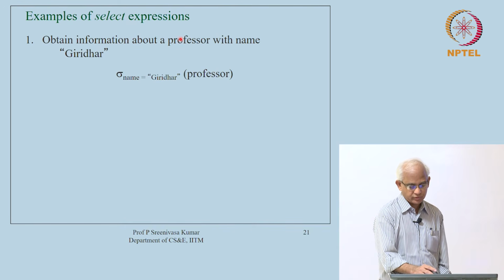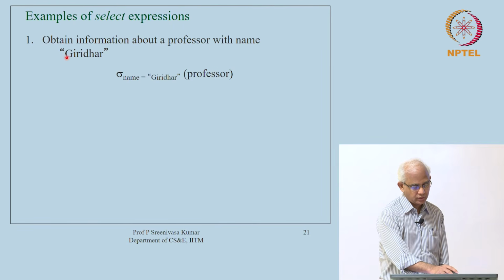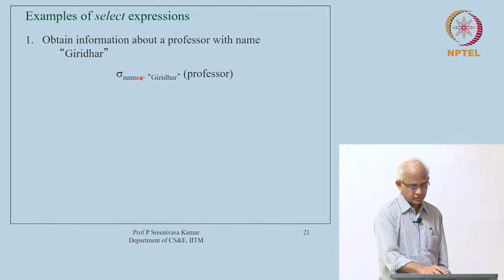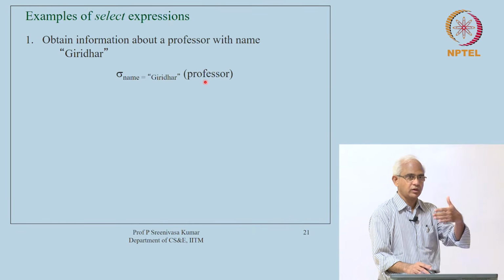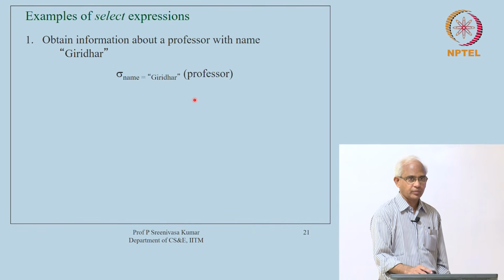The details of professor obviously are in the professor relation, and we want information that tuples that have Giridhar as the name. So we are putting a simple condition here: name should be equal to the string Giridhar in this relation professor, and then obtain all those tuples for me.